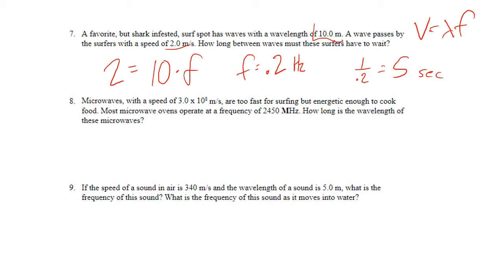Microwaves with a speed of 3 times 10 to the 8 are too fast for surfing, but energetic enough to cook food. Most microwave ovens operate at a frequency of 2450 megahertz. How long is the wavelength of these microwaves? We can use the same kind of formula. 3 times 10 to the 8 is going to equal the wavelength, which we don't know, times the frequency, which we do know. It's 2450, but this is in megahertz.